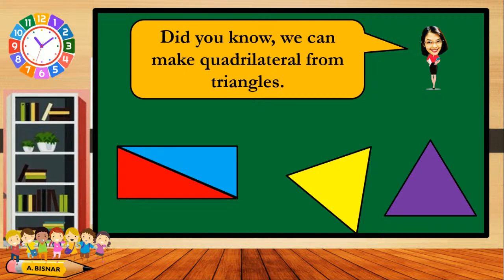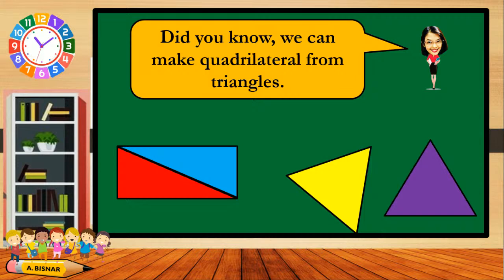When we combined or when we joined them together, what polygon was formed? Okay, we formed a rectangle. And rectangle has how many sides?